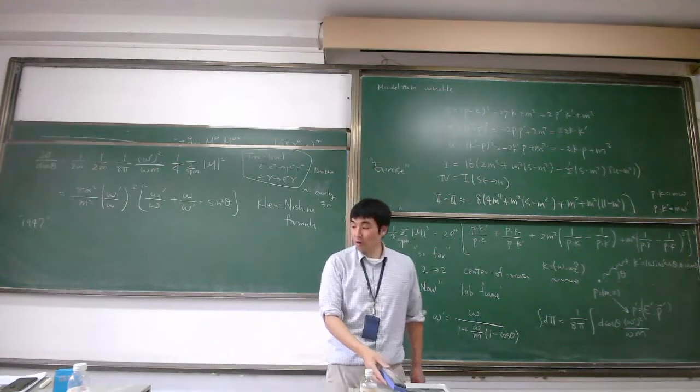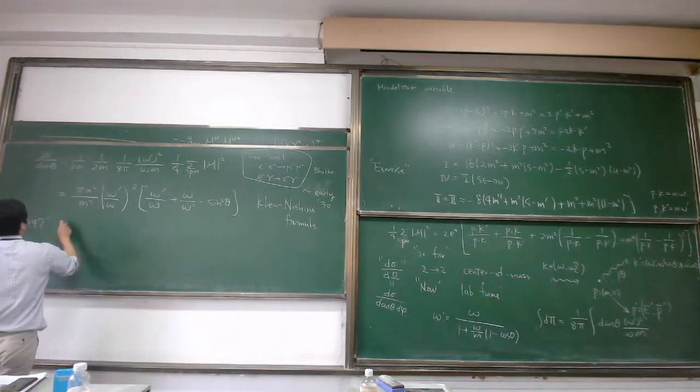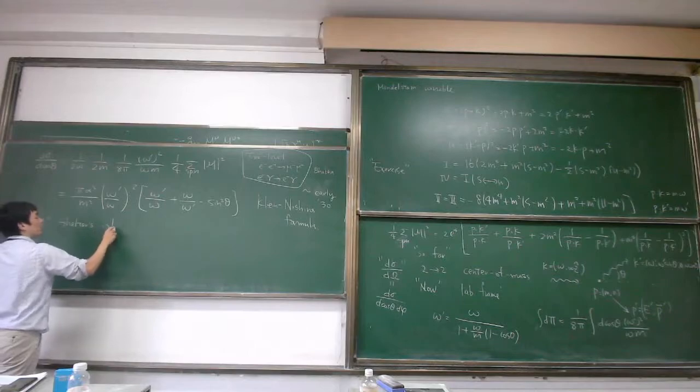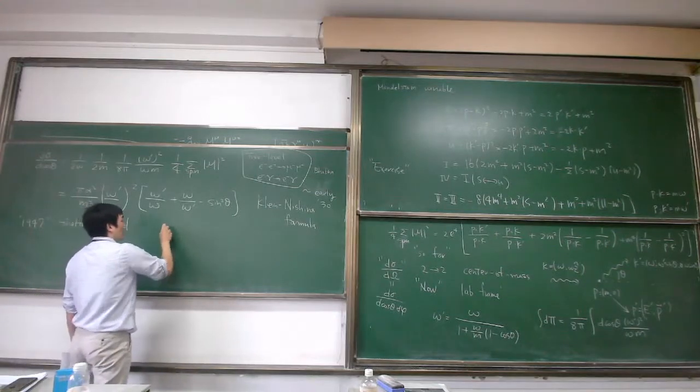That's what we are going to learn. 47, Shelter Island. Then from here, the so-called one loop correction.